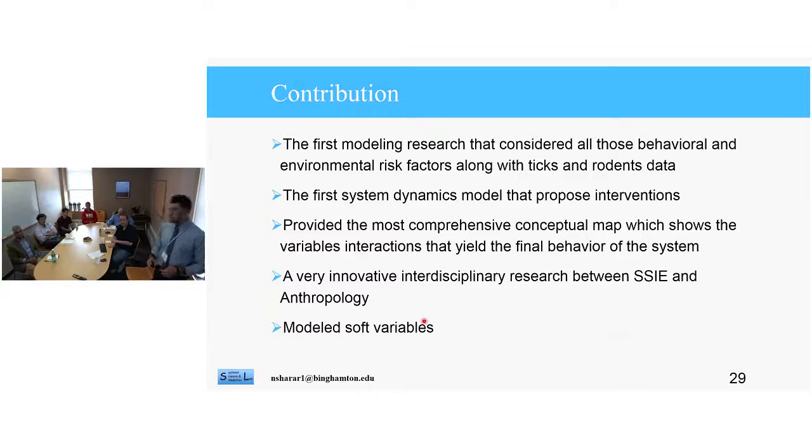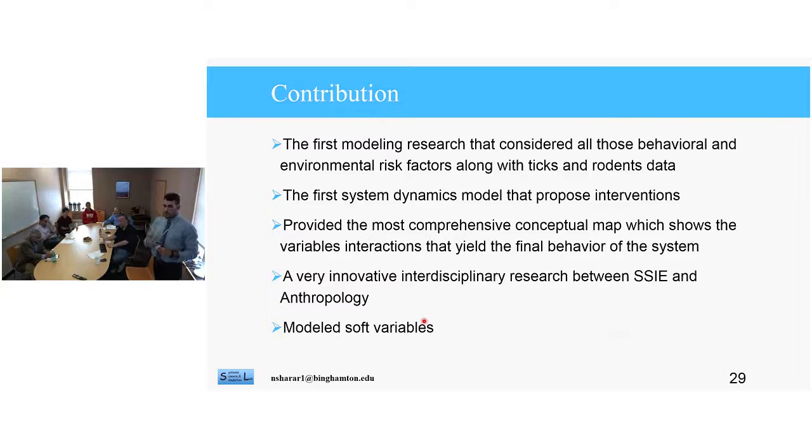Our contribution in this essay was that this was the first modeling research that combined so many data sources together. It's the first system dynamics model that is proposing interventions. We provided the most comprehensive conceptual map, the causal loop diagram. I didn't show the whole map, I just showed the parts that we simulated.